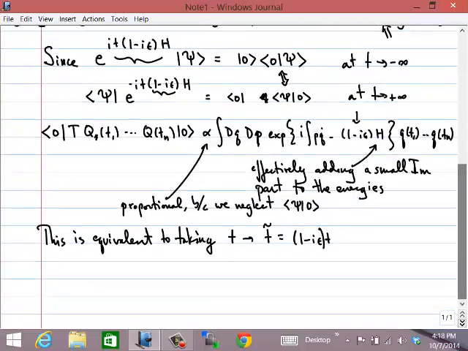So, in other words, this is just a different choice of integration contour in the complex time plane. In the complex time plane, instead of integrating along the real axis, as is traditional, we would integrate along some axis that looks like this. So that's the t tilde axis.